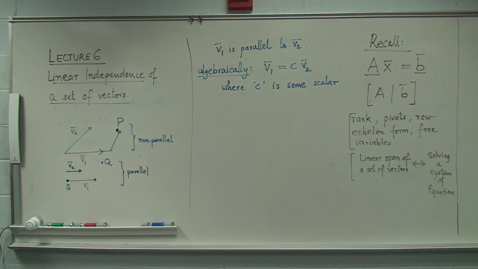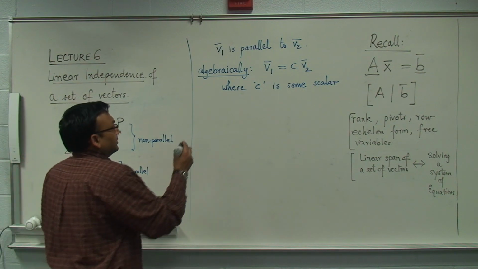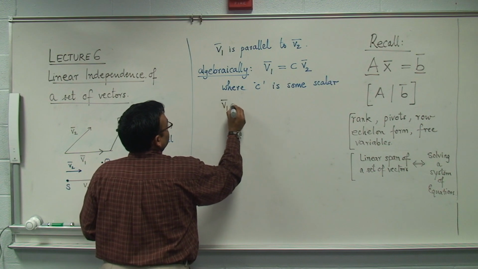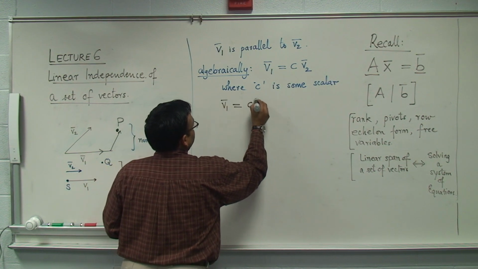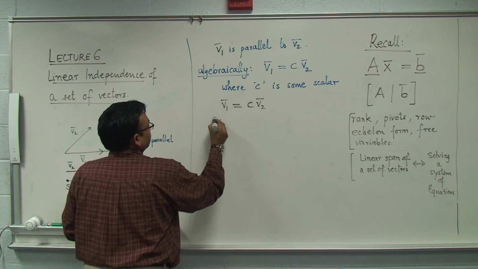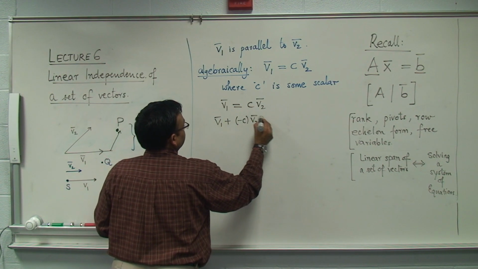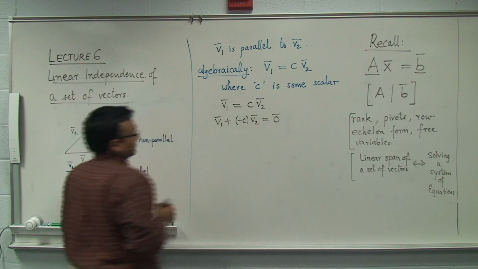Okay, let's push this a little bit more. From v1 equal to C times v2, we can also write this as v1 plus minus C times v2 equal to the zero vector.